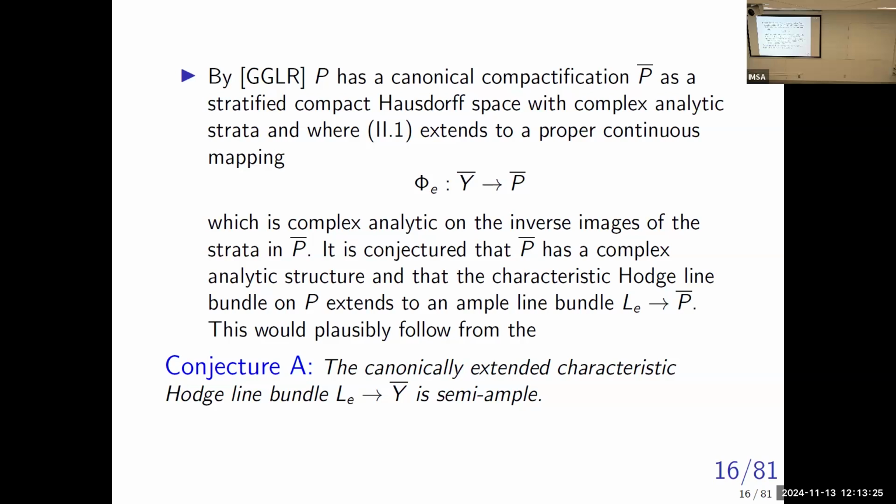So this is a conjecture. I think there's been quite a bit of work on it, but it's never been proved that this canonically extended line bundle is semi-ample. It's a well-defined statement because if you blow up things, semi-ampleness goes along with it. So it's a birational type of statement. So it's well-defined, and a very nice open question.